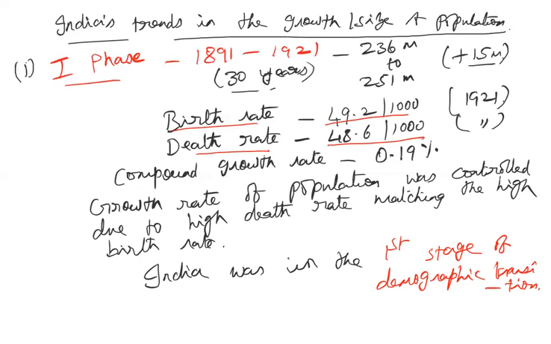Now let us see what happened to the growth rate of population in the next 30 years. So then we moved on to the second phase, that was between 1921 and 1951.